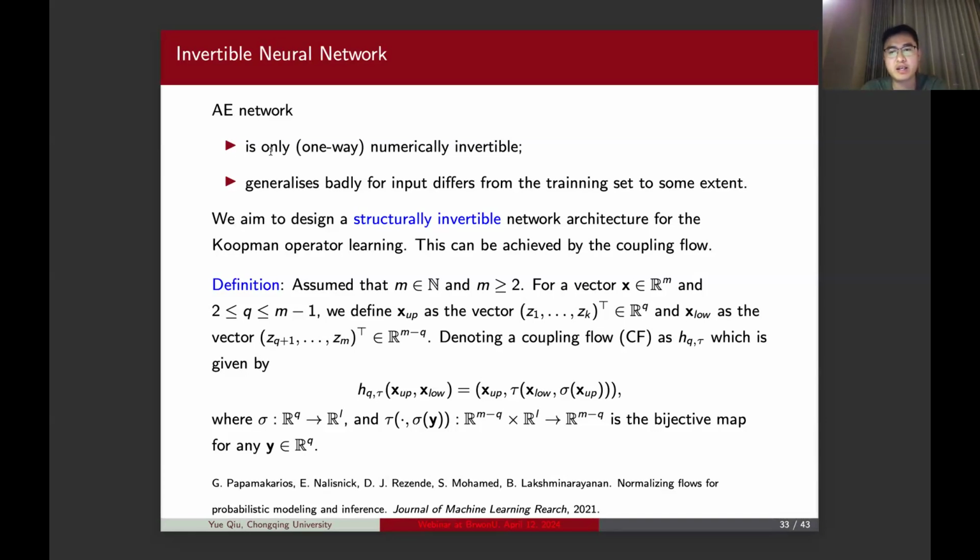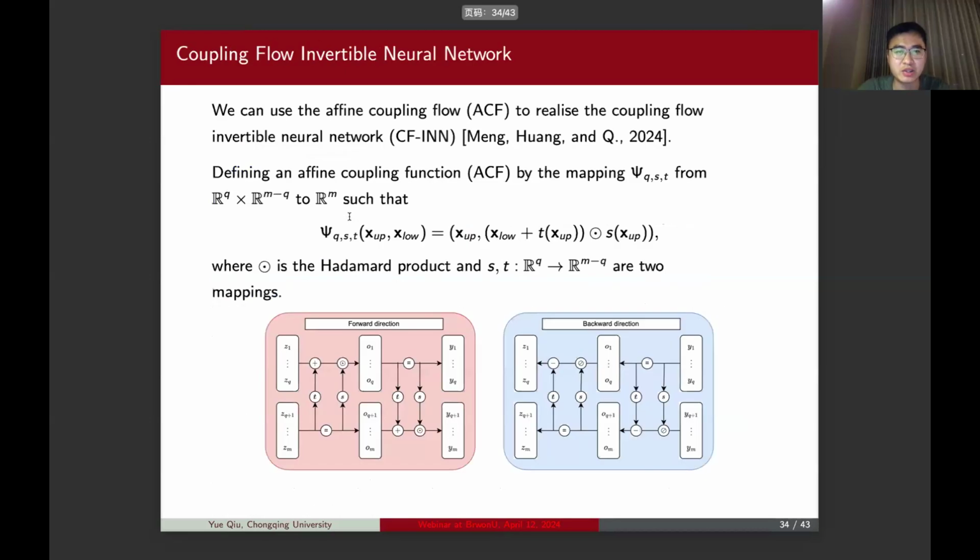Therefore, if we can make this map invertible in both directions, then it is easier to improve the performance of this Koopman operator learning. So we use the so-called affine coupling functions to design such a network structure.